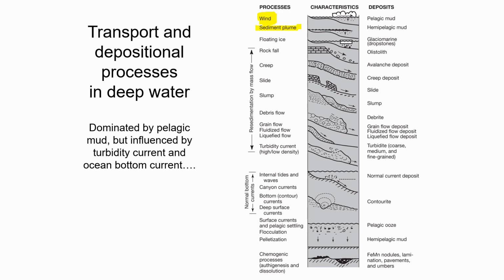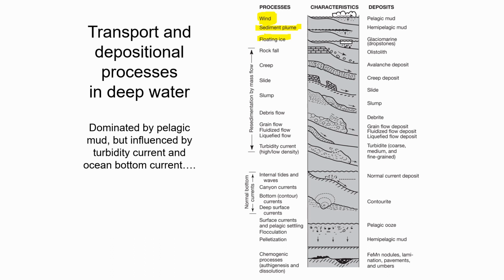Similarly, floating ice can provide drop stones to the deeper marine depositional environments. And originating from the continental slope, there are also density flows such as rockfall, creep, slide, avalanche, and creep deposits.